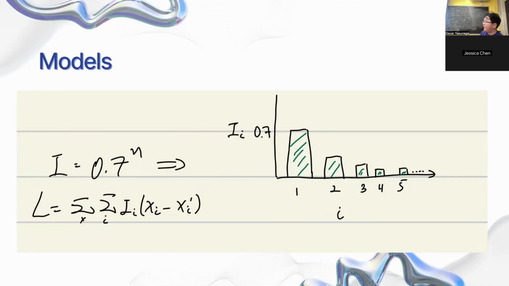If you graph it out, it's basically a geometric sequence where, if you're in the first index, you'll have the highest importance, and then it decreases exponentially, or by power law, to 0. So your last feature might not be important at all, but the first 5 features will be very important.